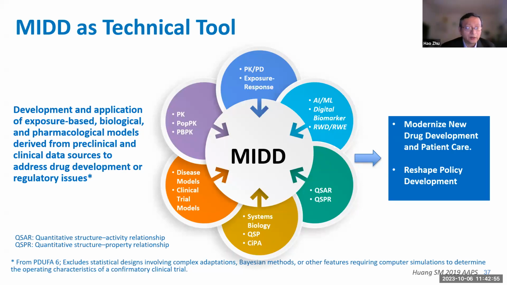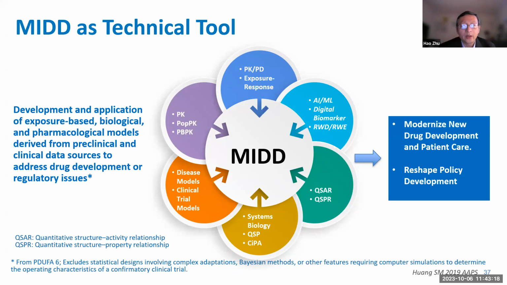Essentially, MIDD in this domain really talks about how we can develop and apply exposure-based biological and pharmacological models derived from preclinical and clinical data sources to address drug development or regulatory issues. If you open the toolbox of MIDD, you will see there are a lot of modeling approaches available.